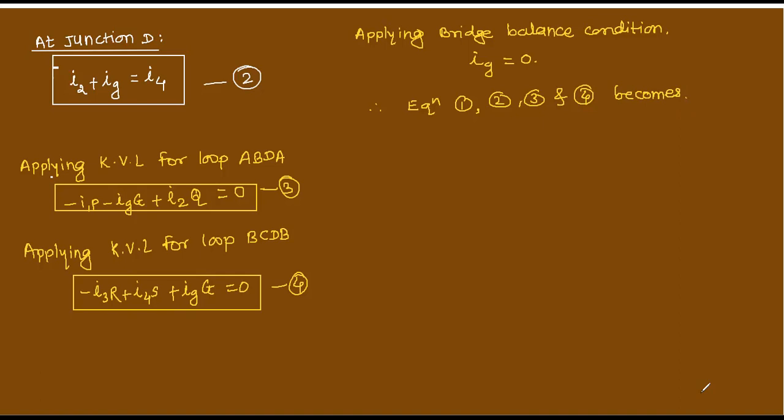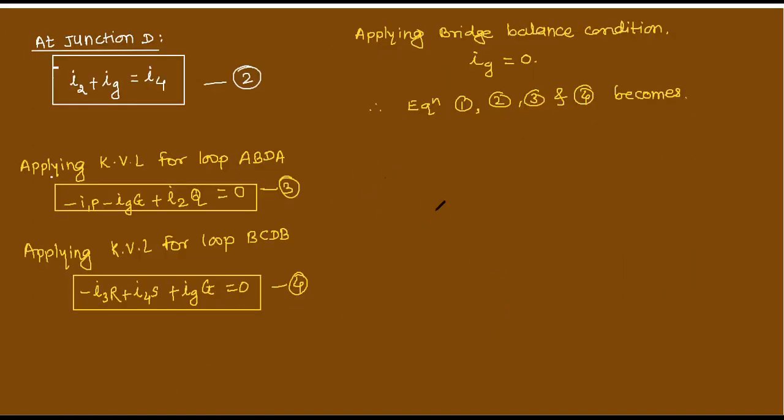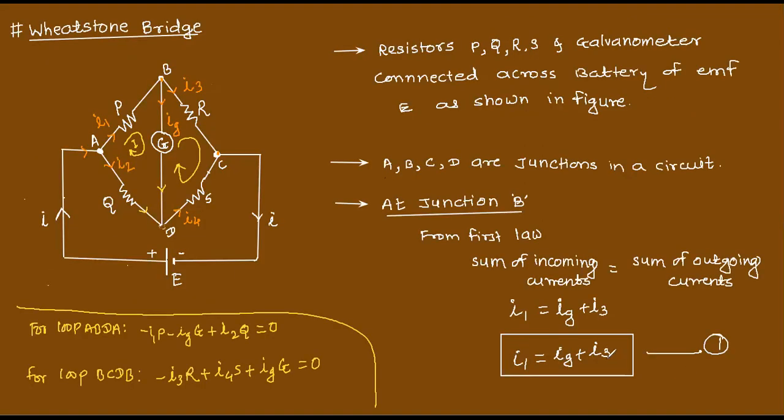Bridge balance condition applying means what? If we have to balance this bridge, this current B to D, that is Ig current, should be equal to 0. And if we substitute Ig equal to 0, what are we getting? Equation 1, 2 and 3. Let's see. See here, equation 1 we are having I1 is equal to Ig plus I3.